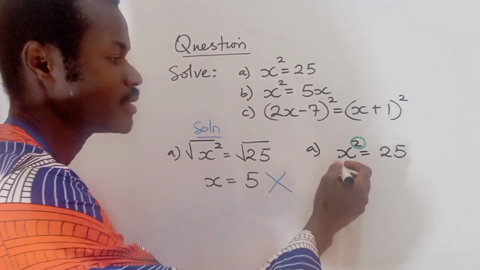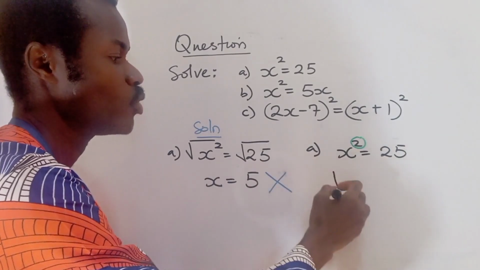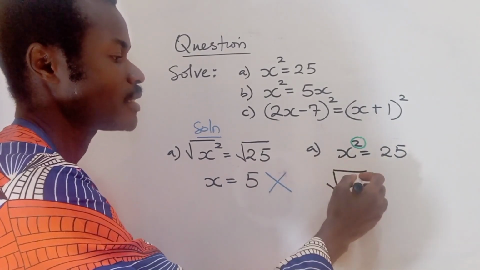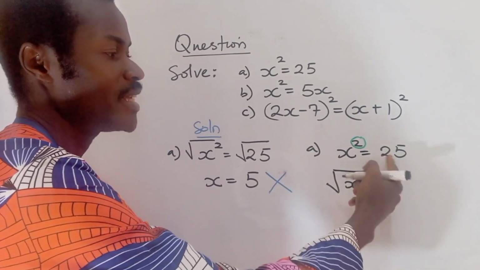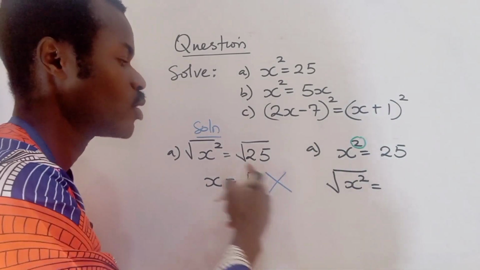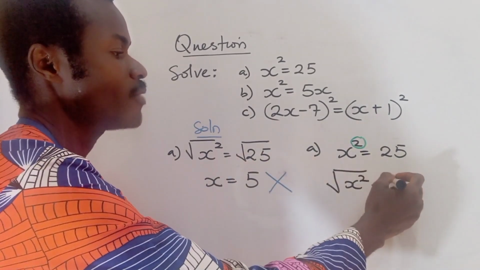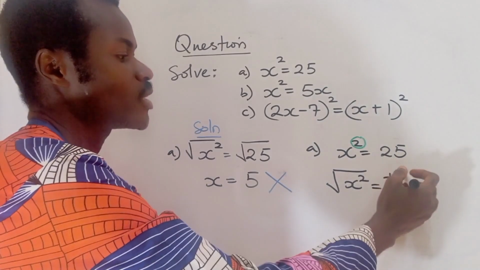To get two solutions, we are still going to take the square root of both sides, taking the square root of x squared. But before I take the square root of 25, the correct thing to do here is to put your plus and minus sign. So that's the correct way.